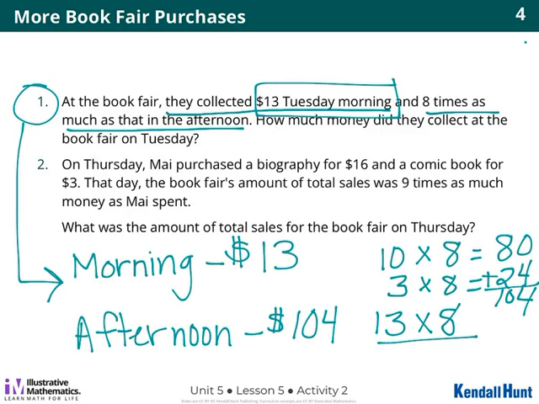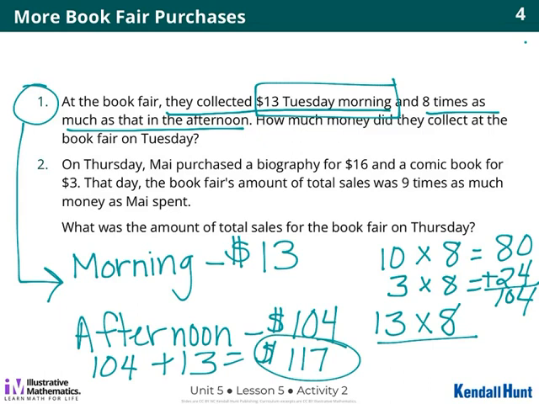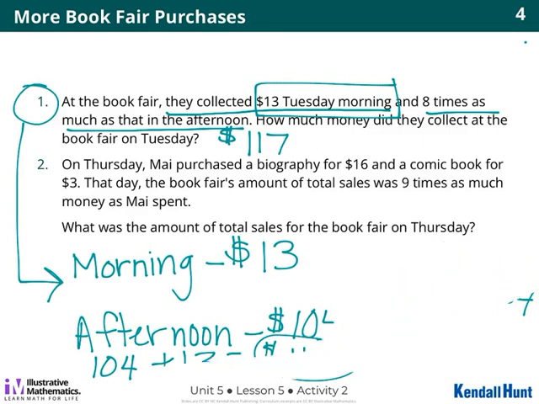So then you had to take 104 plus 13. And what do you get? 117. So your answer, that's correct. Your answer should be $117. Did you guys get that? All right, I'm going to erase it and we're going to do number 2.